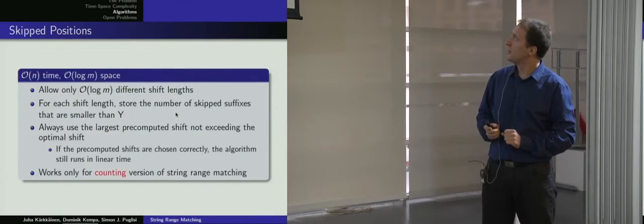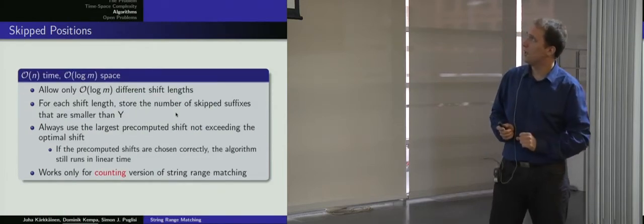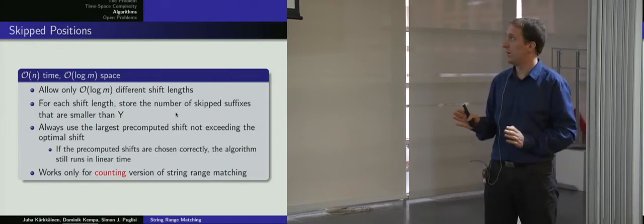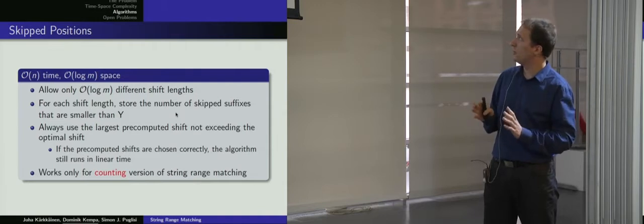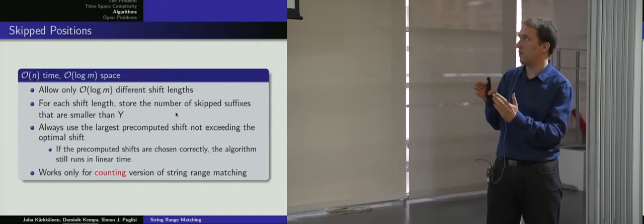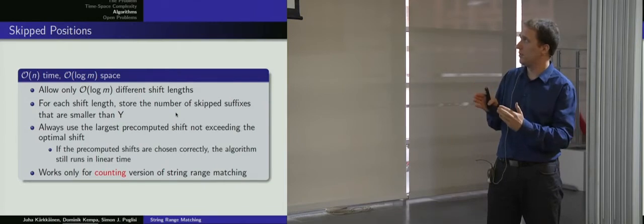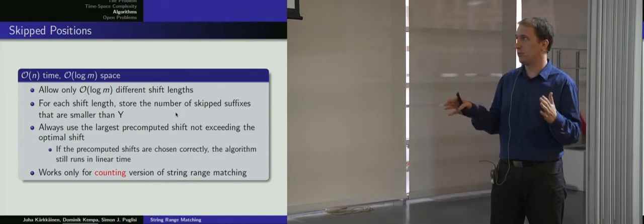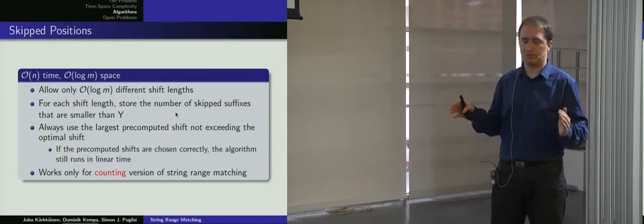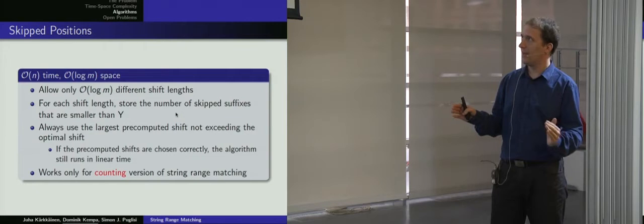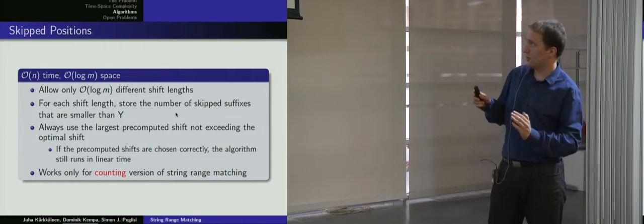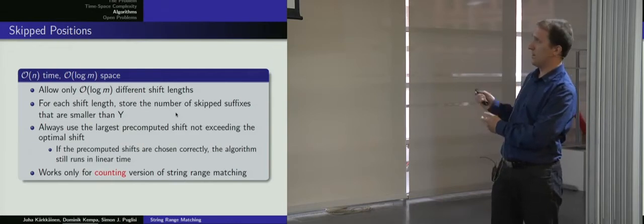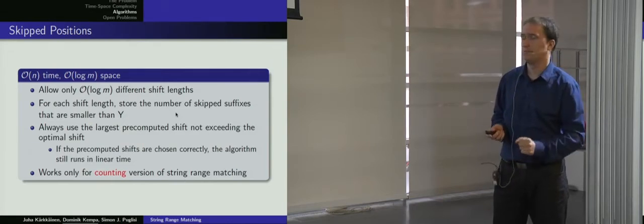So let's see the idea of the first algorithm. We only allow order log m different shift lengths of the pattern. And for each shift length, we pre-compute the number of skipped suffixes that are smaller up to that shift. And now, whenever normally in the algorithm we would do a certain shift by a certain number of positions, that we call the optimal shift, instead we do a shorter shift, and this shorter shift is the largest pre-computed shift that doesn't exceed the optimal shift, right?